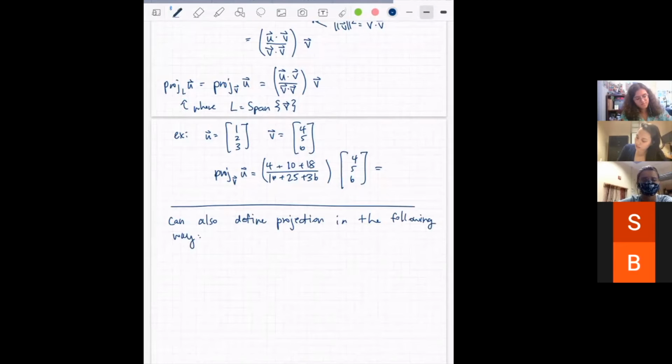The projection of U onto V is the vector such that U minus the projection is going to be in the span of V perp.